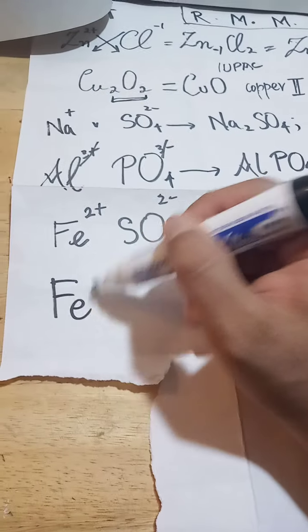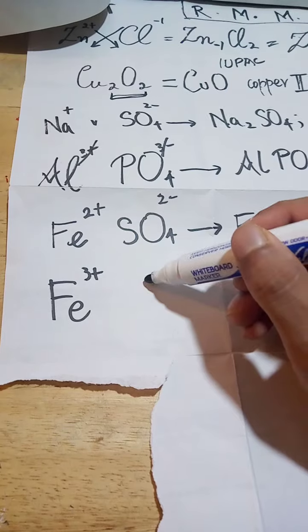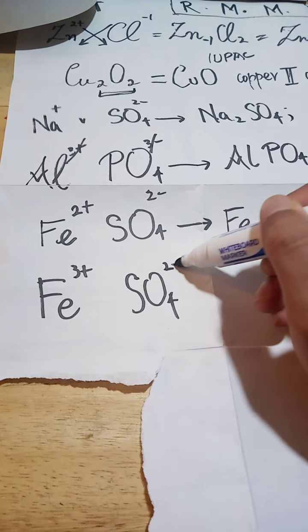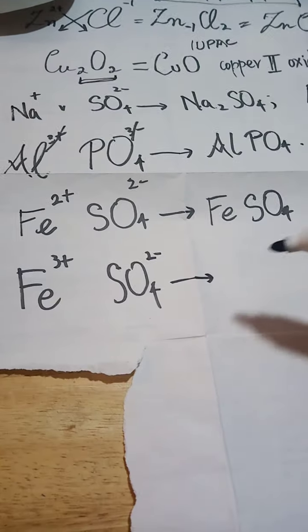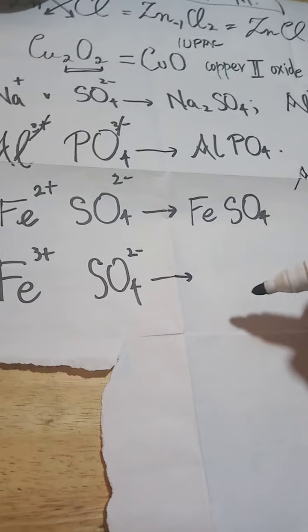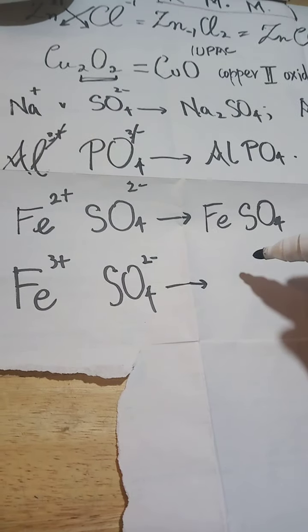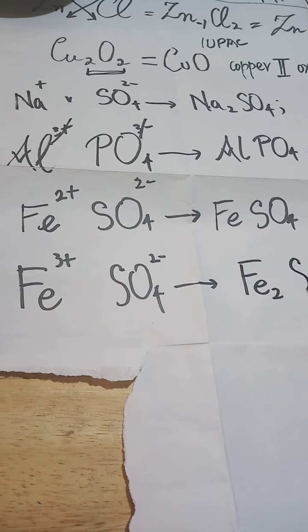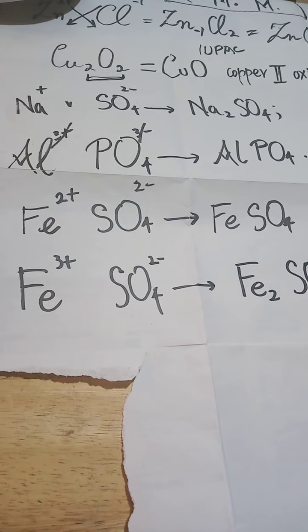However, if it were iron 3 trying to react with sulfate ions that remain a constant of divalent, they have a constant valency of 2 negative, it'll be Fe2(SO4)3.